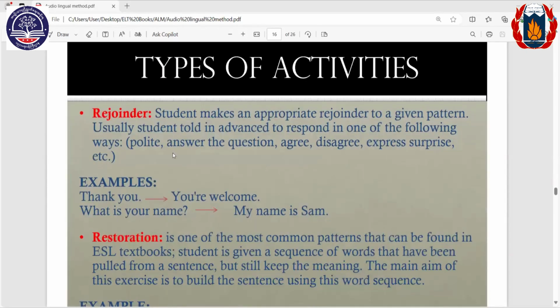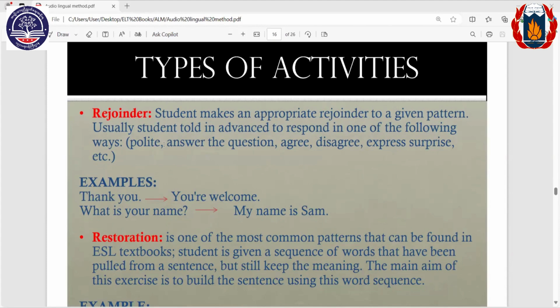Another one is rejoinder. Right? The student makes an appropriate response to a given pattern. Usually, students are told in advance to respond in one of the following ways, like related to polite expressions, or answering the question, statements of agreement or disagreement, or expressing surprise.